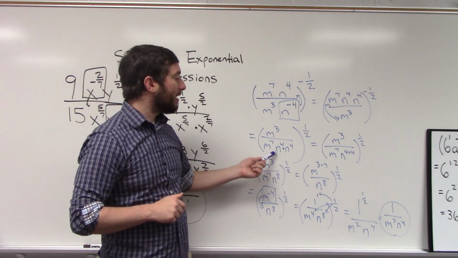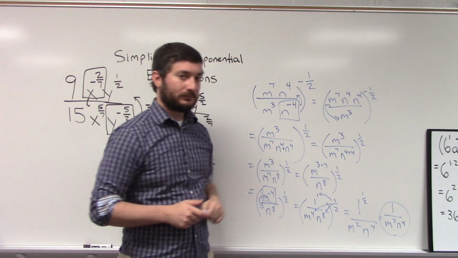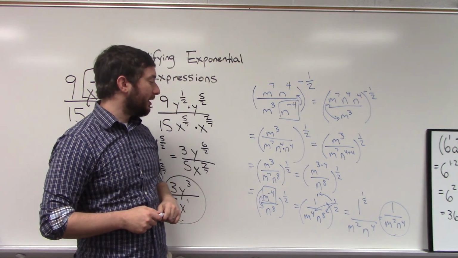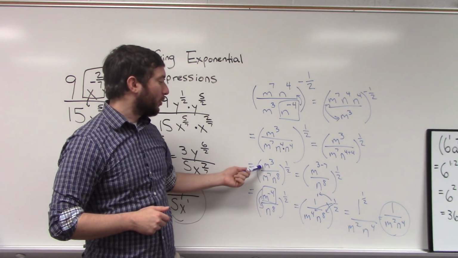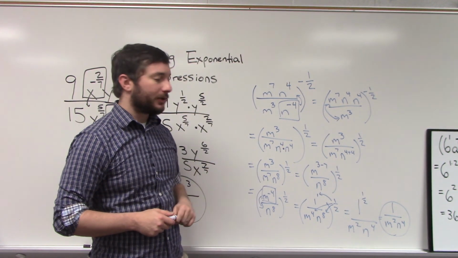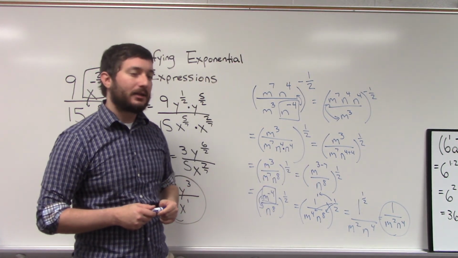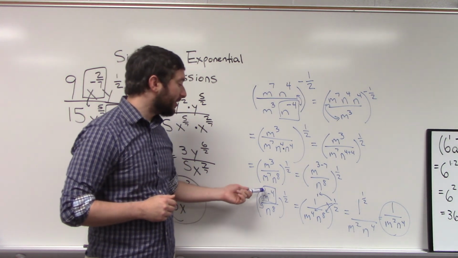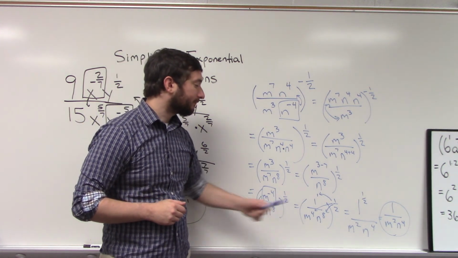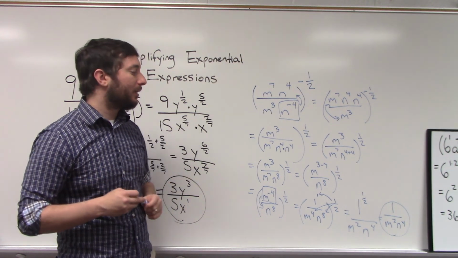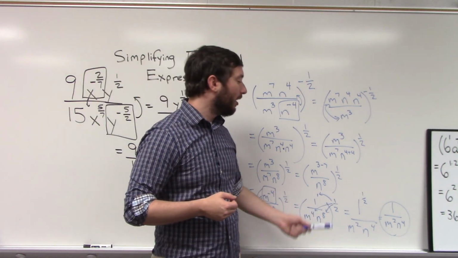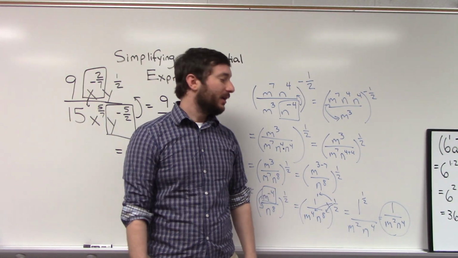Then we used the product rule. Then we used the quotient rule, so m to the third over m to the seventh. With the quotient rule, we subtract instead of adding those exponents. We used the negative exponent rule one more time. And lastly we used the power rule. We distributed 1/2 to all of our exponents and see what we got.